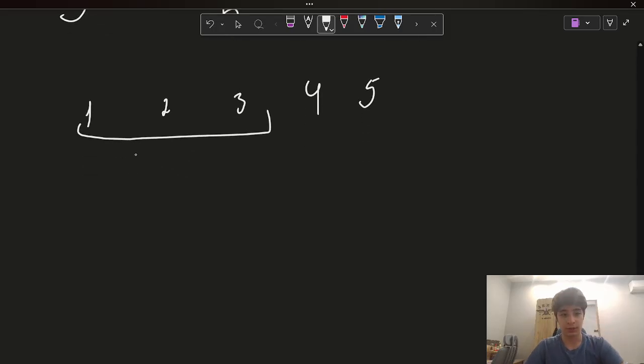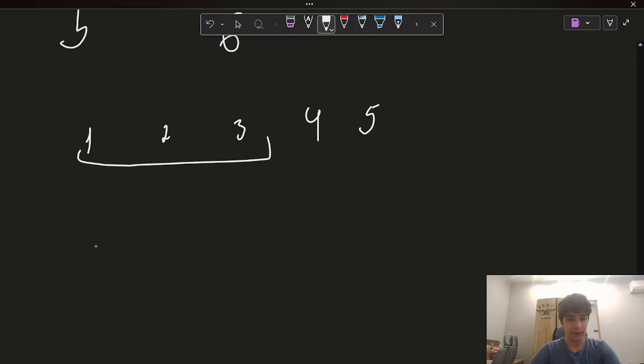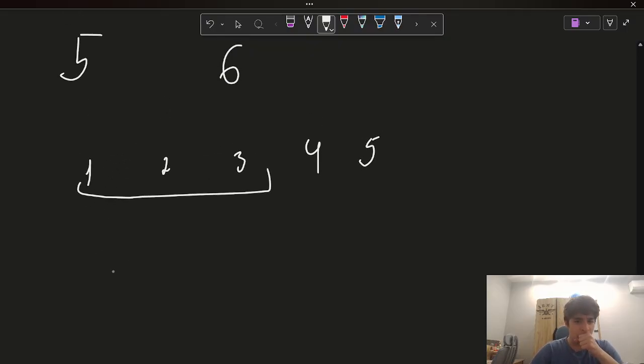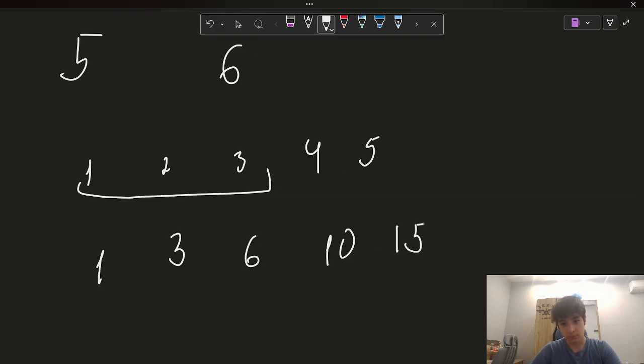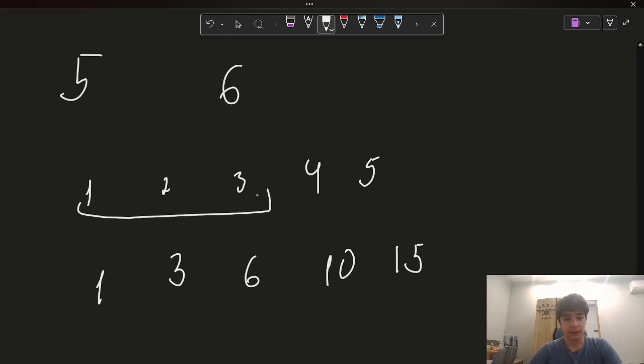How will I solve this task? I talk about the prefix array, and let's check this out. 1, 3, 6, 10, and 15. And I'd like to just try, like, there's 6, and the sum of these 3 elements is 6.